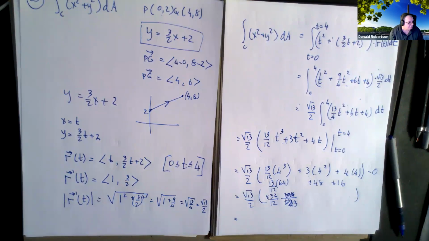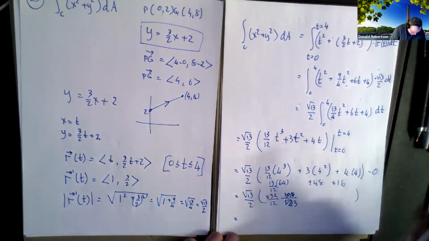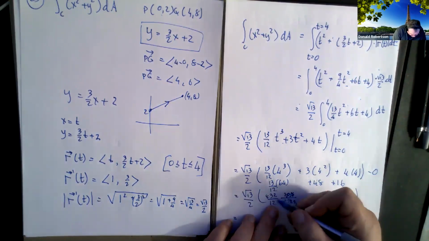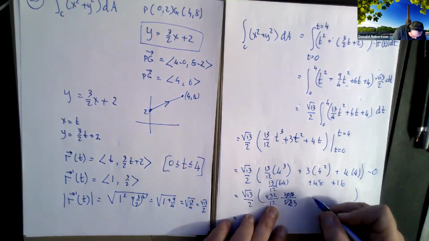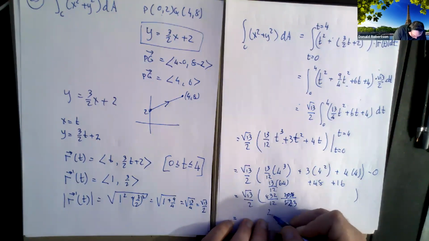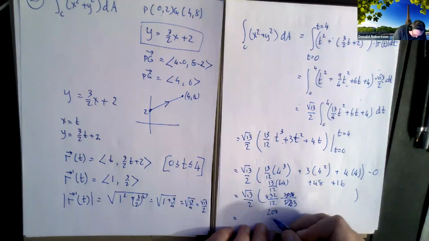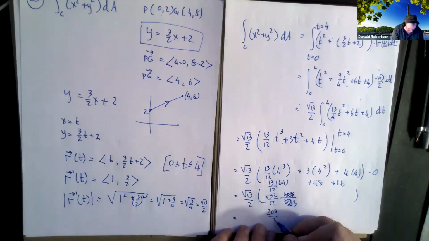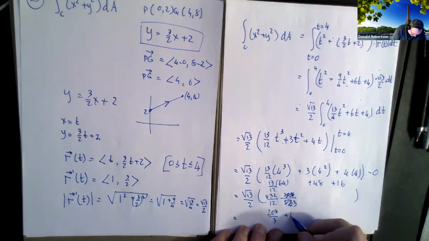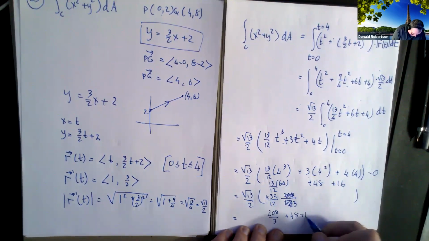832 does simplify. 832 over 12 simplifies as well. You can divide by 4. Can you divide by 4? Oh, you can. So that guy is 208 over 3. And then you add 48 and add 16 to that.